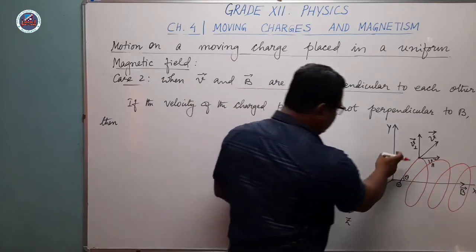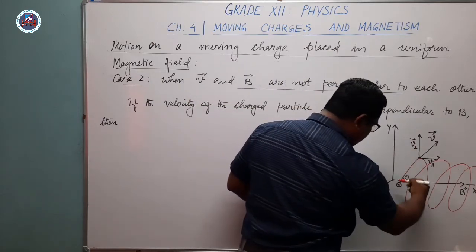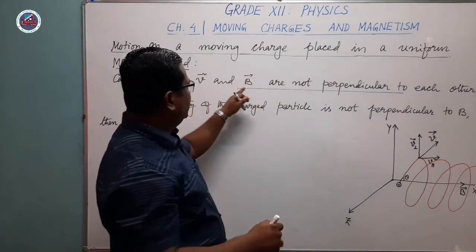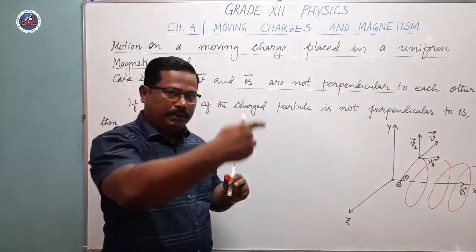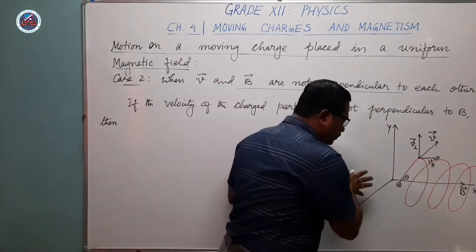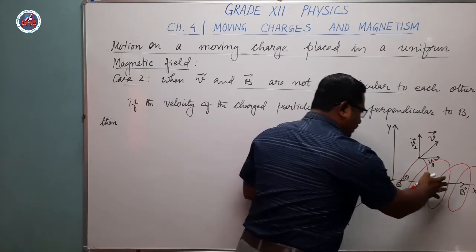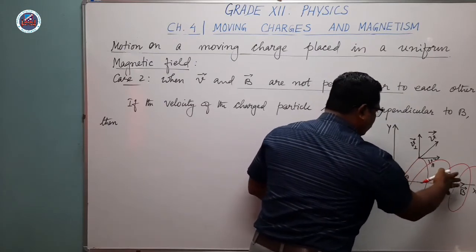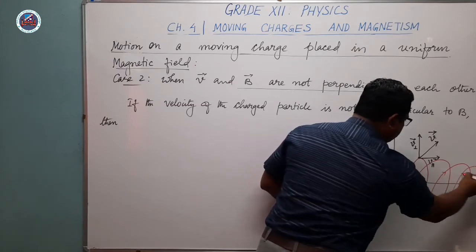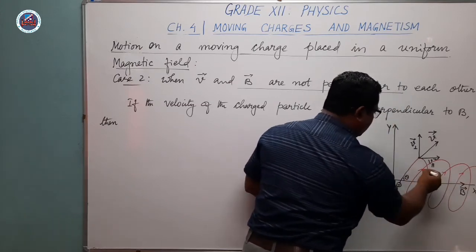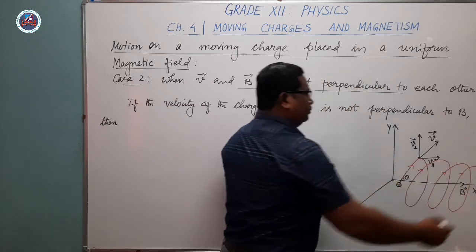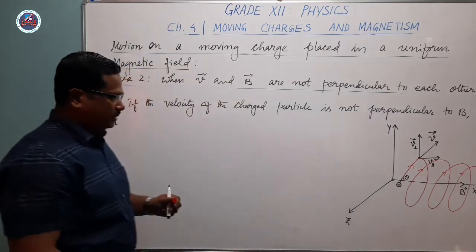The component V perpendicular will make it move, as we know that if V and B are perpendicular to each other, it forms a circular path. But this component V parallel will push along the magnetic field direction in the forward direction, thereby forming a helical path. This path we call a helix or helical path.